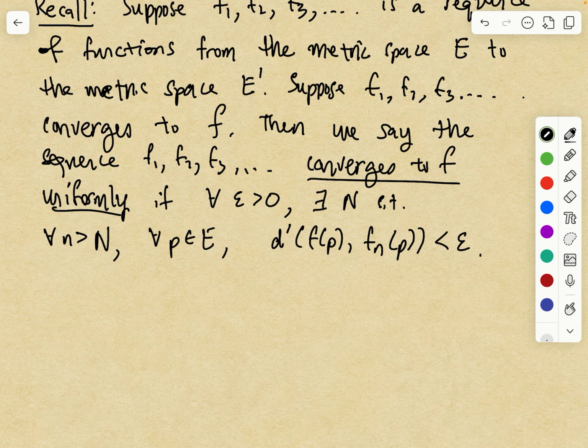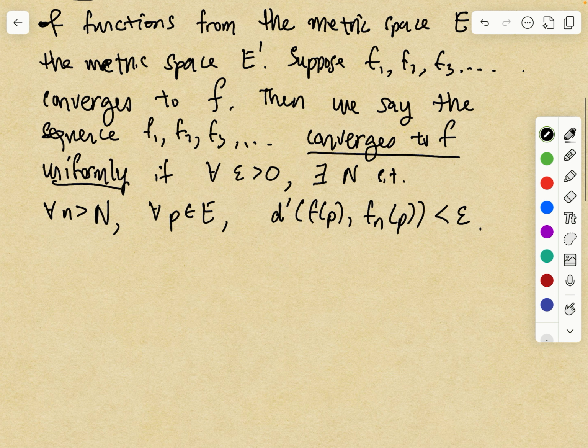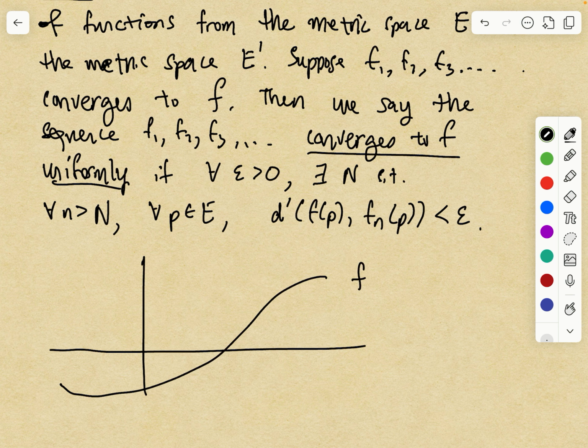So let's say that you had functions from reals to the real numbers. So E and E prime are both R, and we're graphing these functions. So you have that limit function f, and then you have all these fn's. For every epsilon, imagine this epsilon band, just f shifted up epsilon and then shifted down epsilon.